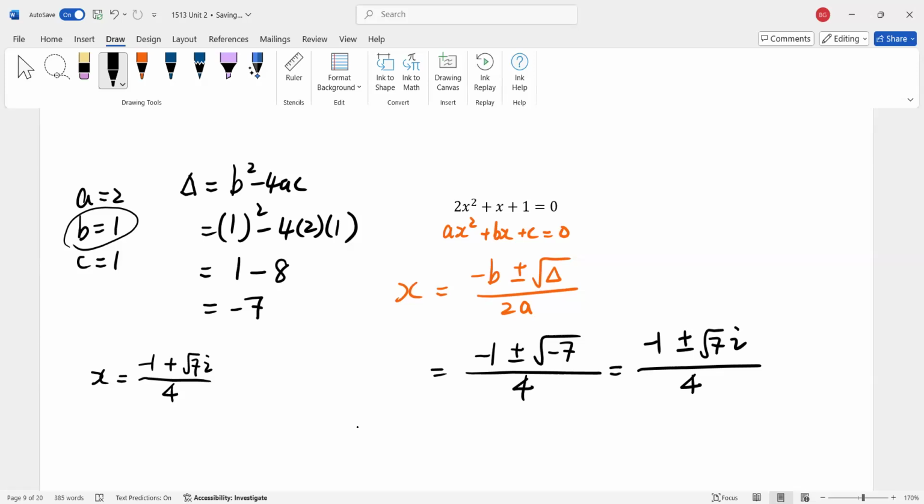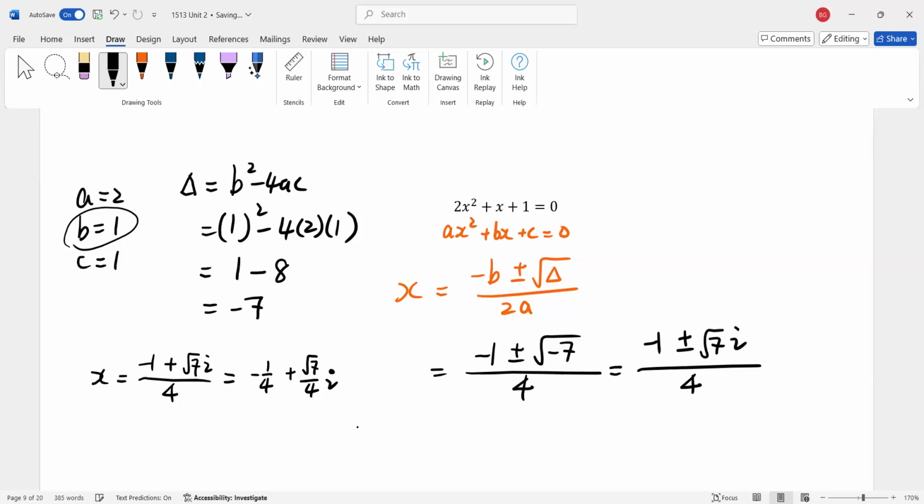We're going to look at the problem to see what's the requirement. If the problem requires you to write the result in standard form, you're aware this is a complex number, right? Non-real complex number. So then you would just use -1 over 4, and then plus root 7 over 4 i.